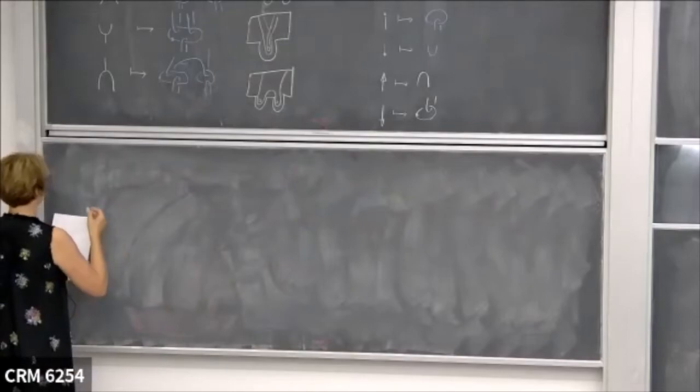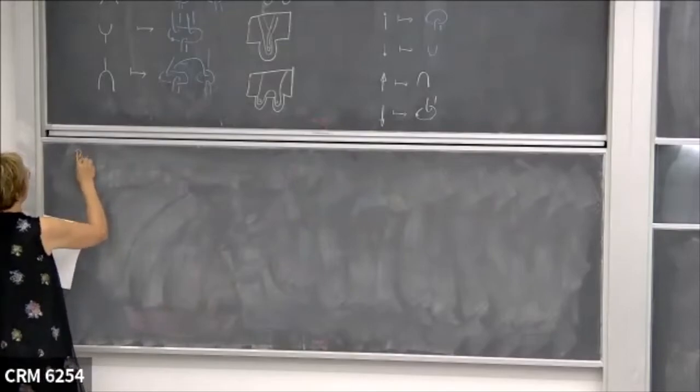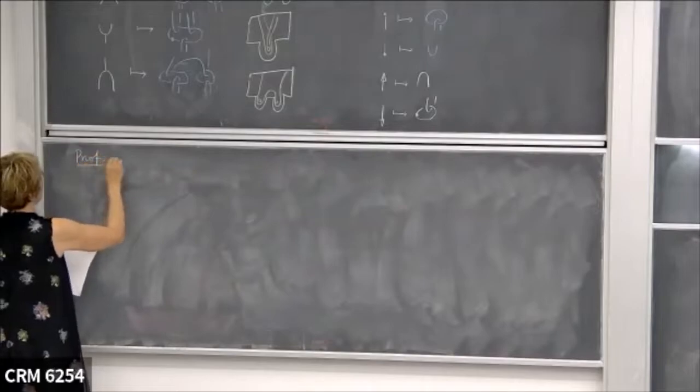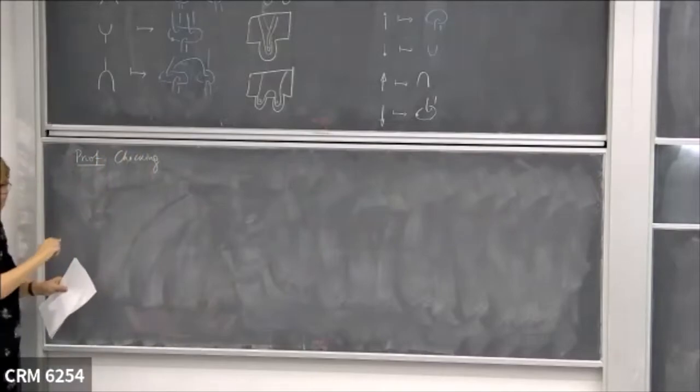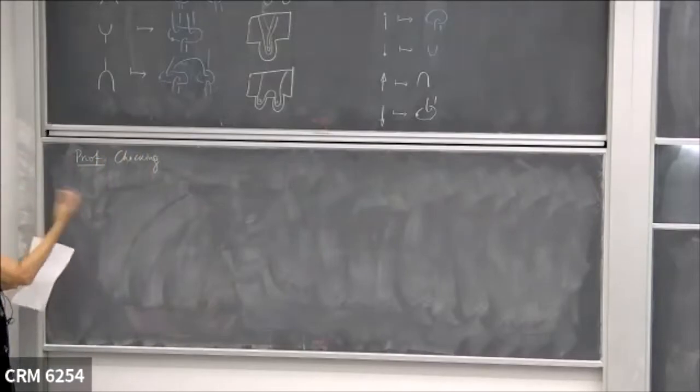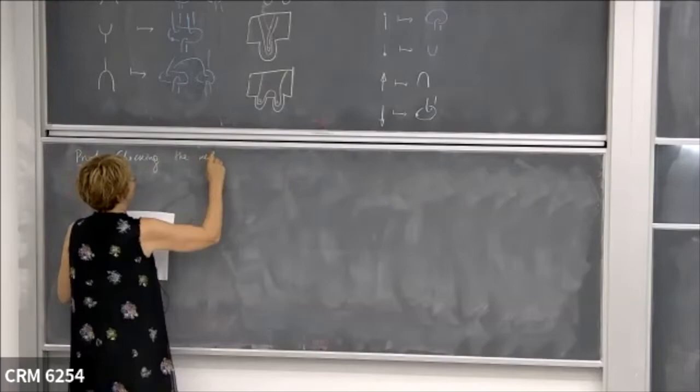So basically, the proof of the theorem is just checking of the relations. And if you would like to work in this area or really learn this, I would really recommend to check these relations.